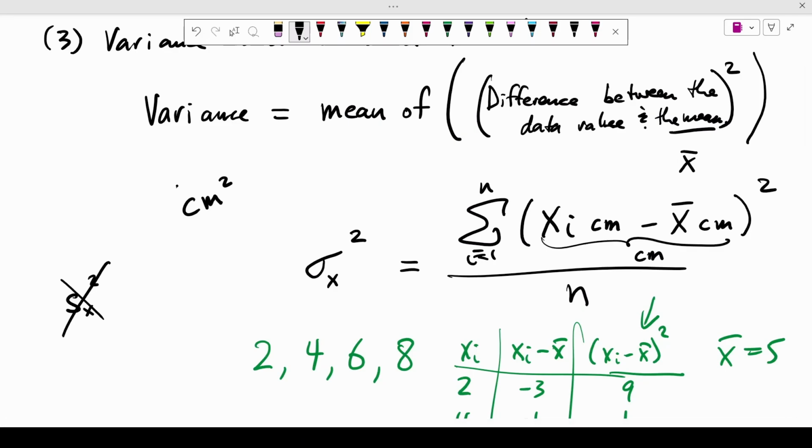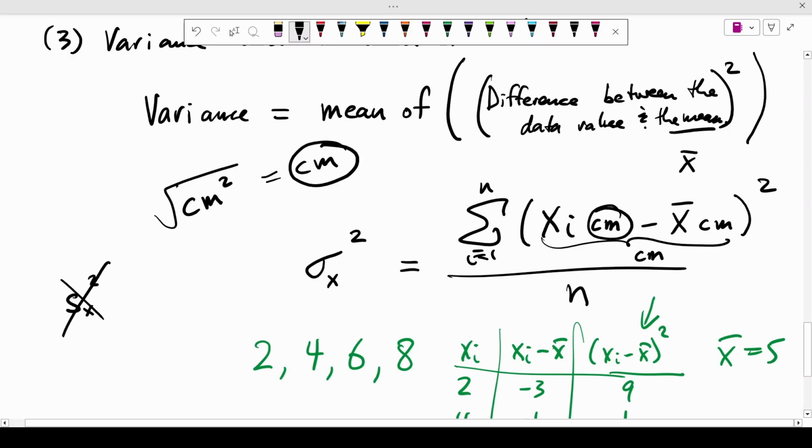That's not in the same units as what we started with, and in some cases, that can be a problem. And so part of the motivation for square rooting at the end to get the standard deviation is that we're going to end up with the same units that we started with.